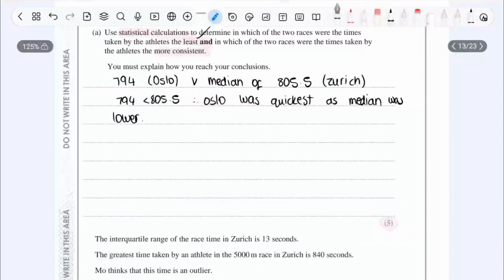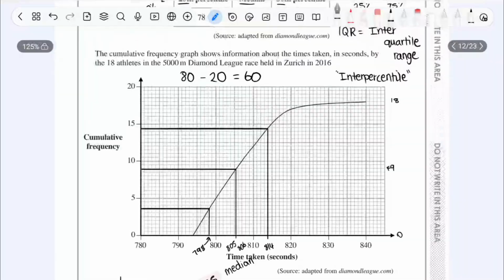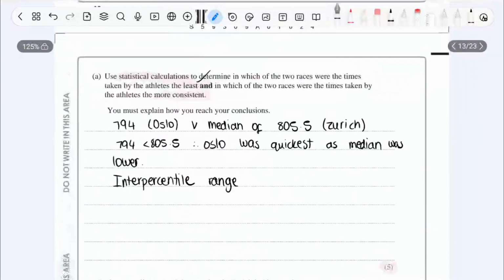So we'll just write that here. So the interpercentile range, and it'll be useful to mention that this one was for Zurich since we did the graph rather than the table, was 16.